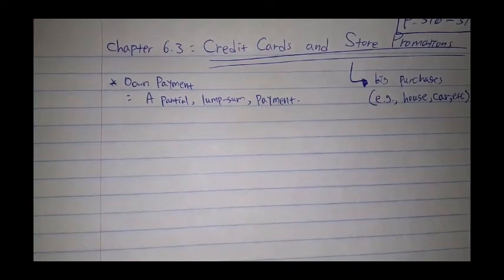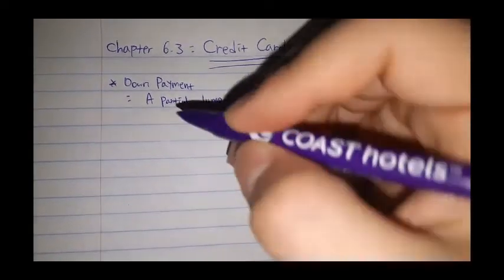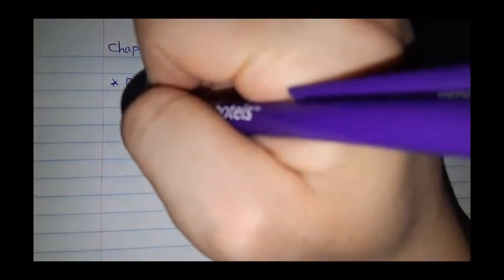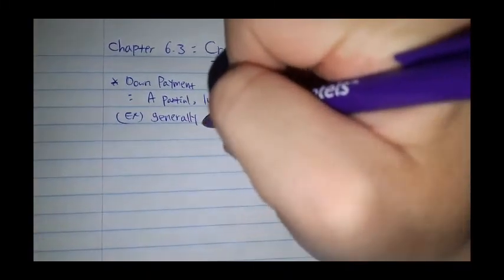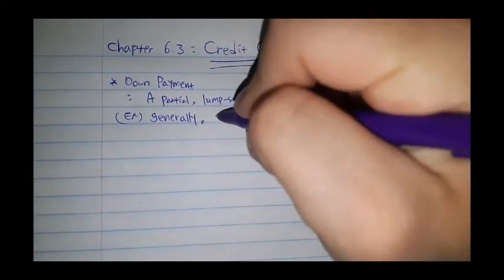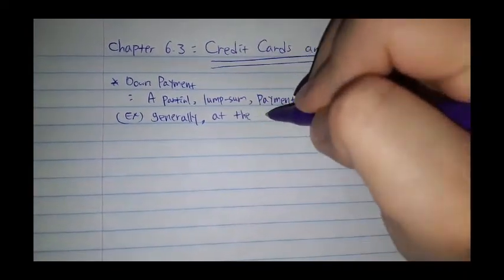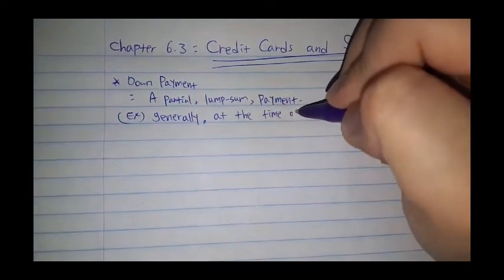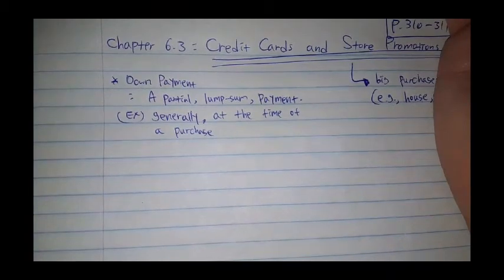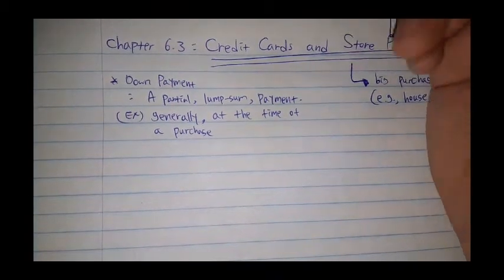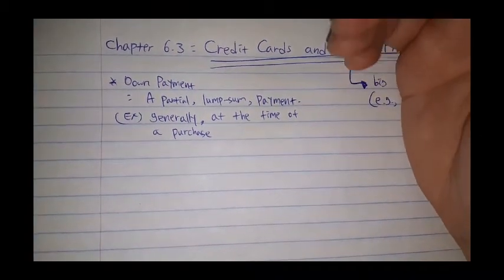So, when can we do this down payment? Generally, at the time of purchase, or at another time, you can make a lump payment in some other year.